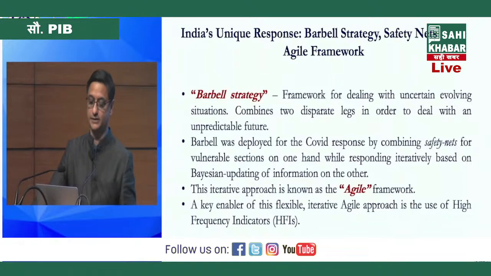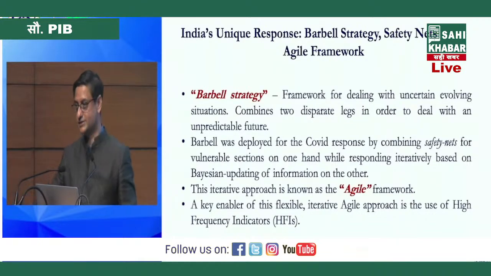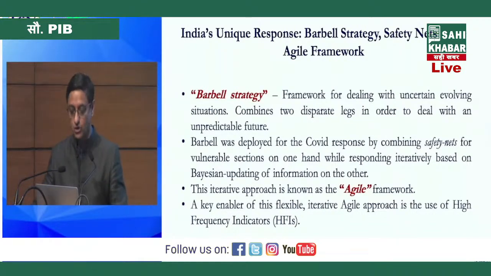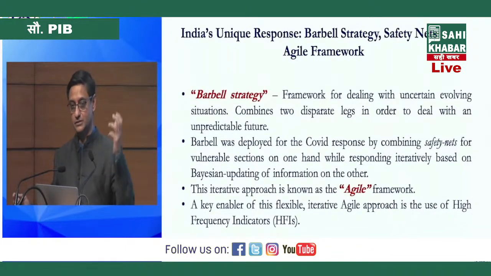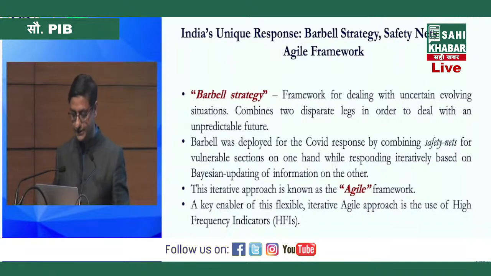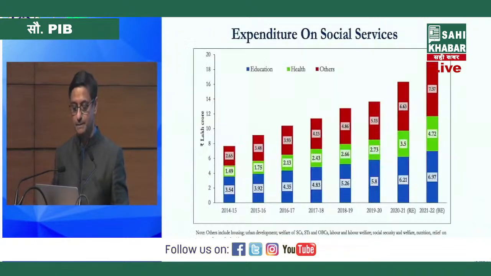Some of you may recognize this is what is very often called Agile, the Agile framework. Those from a software or project management background will know there's a large literature on this iterative approach called Agile. So yes, this is indeed Agile, and this is a key enabler of our strategy: the combination of, on one side, resilience or safety net, and Bayesian updating and response on the other.